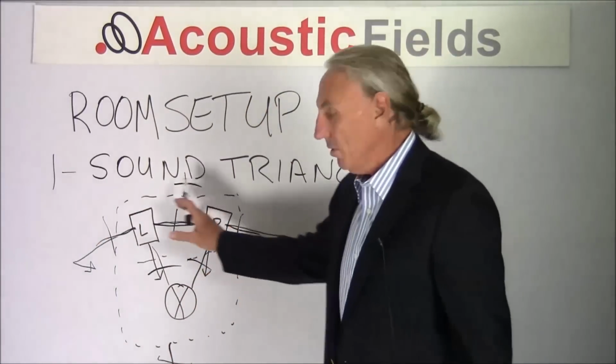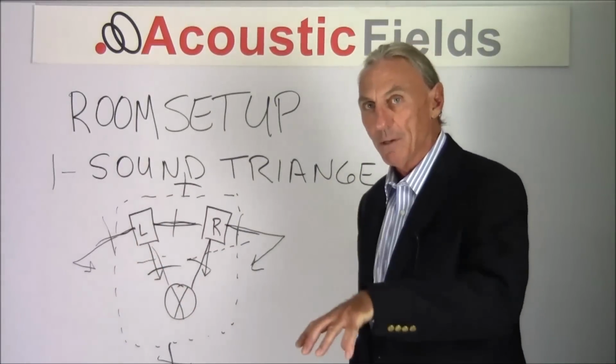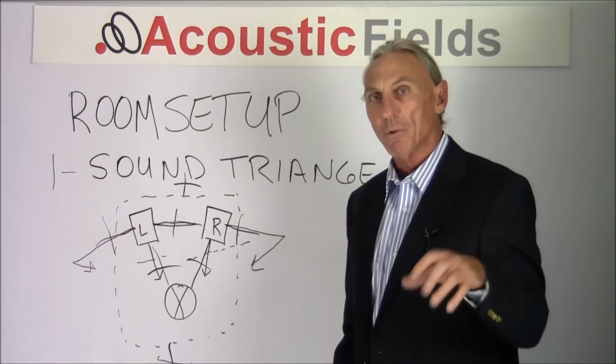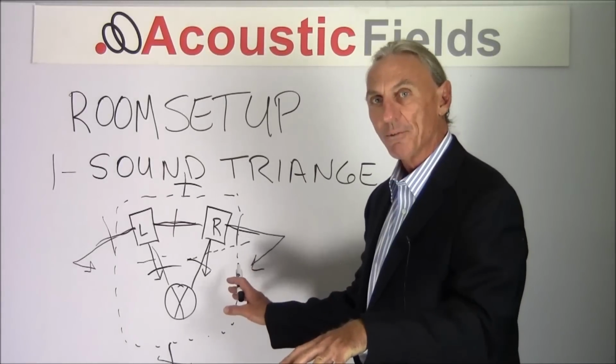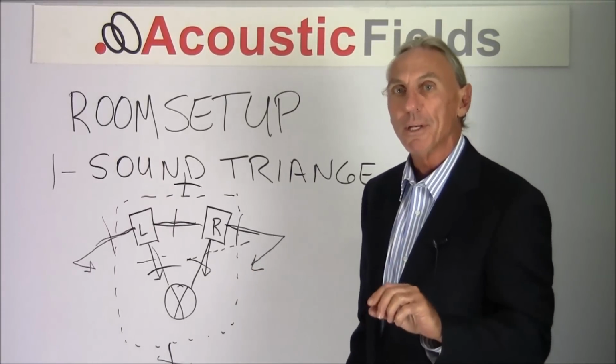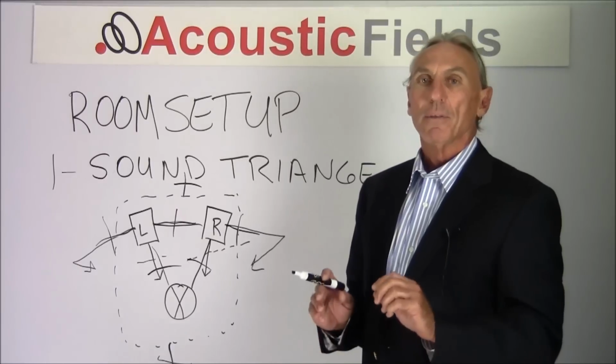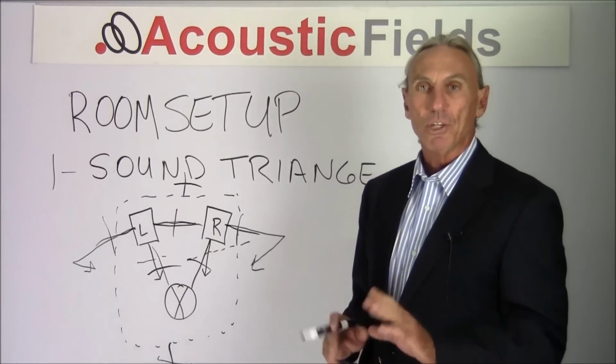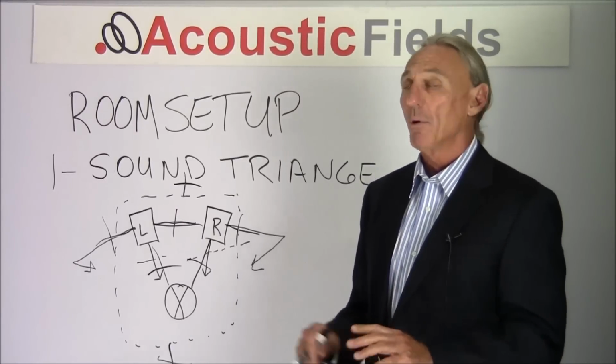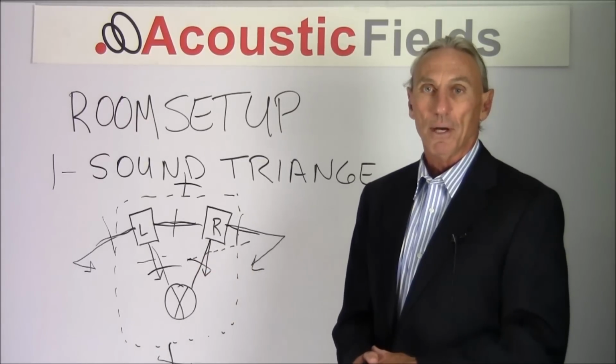So this whole unit must be dropped into the room. Take the roof off your room, drop this whole sound triangle into the room, but put it in the right position that works acoustically for the room, that achieves the smoothest frequency response. Or else you're just running uphill all the time.